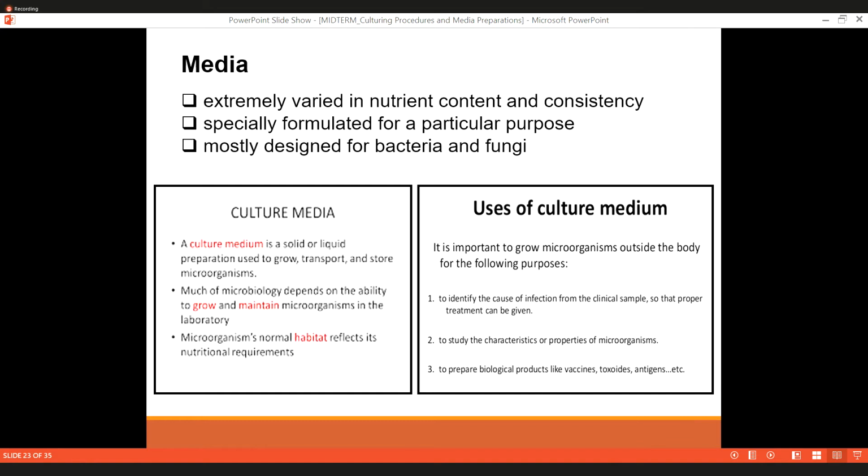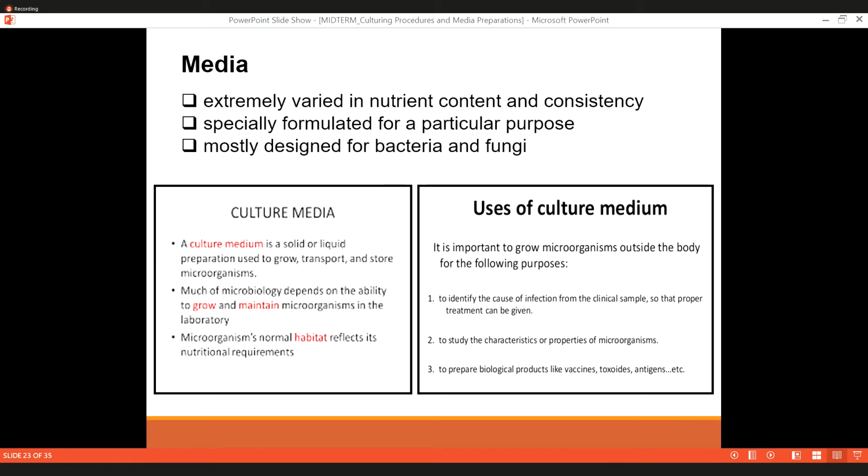The next is the uses. First is to identify the cause of infection from the clinical sample so that proper treatment can be given. If the doctor or the pathologist wants to study this particular microorganism, culturing it helps them study it more.